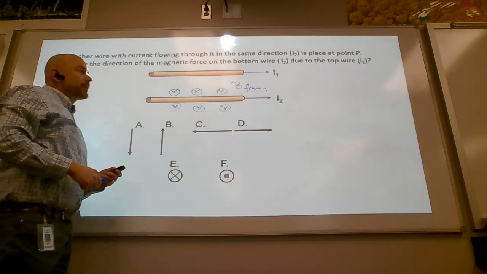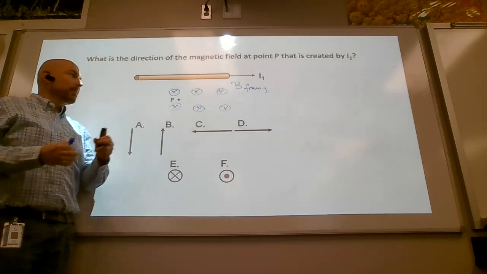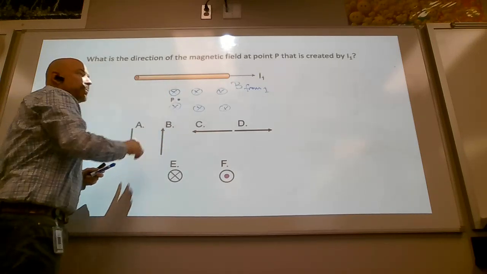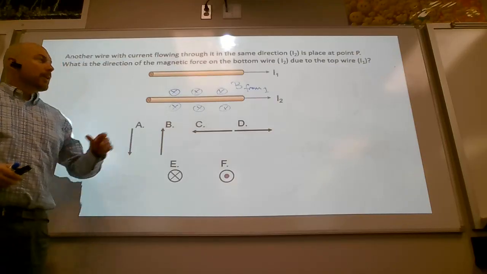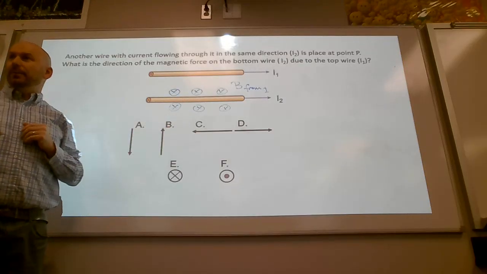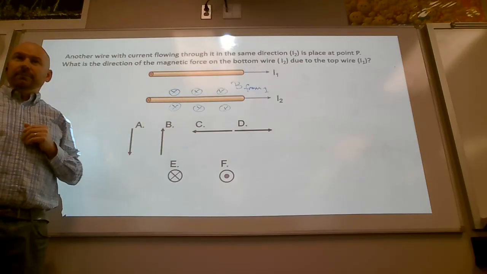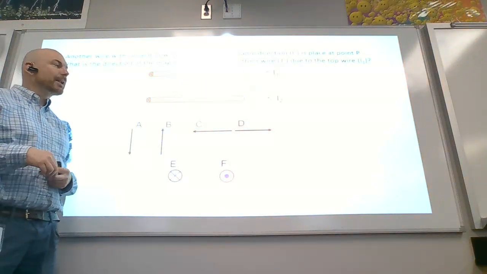Okay. So are you good with this? Going into the board. Okay. So that creates the blue. Then we stick another wire in that magnetic field, in the blue's magnetic field. Okay. This is an external magnetic field. You have current flowing through a magnetic field.